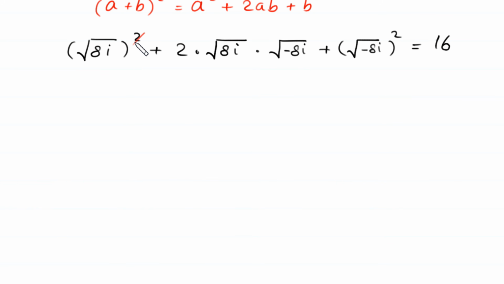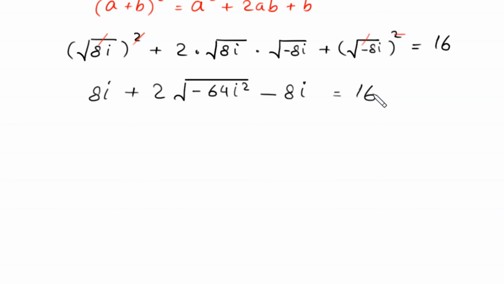Now this square will be cancelled out with this square root, and here we are left with 8 times i plus 2 times the square root of 8i times negative 8i, which will become negative 64i squared. From here this square will be cancelled out with this square root. So here we are left with negative 8i is equal to 16.